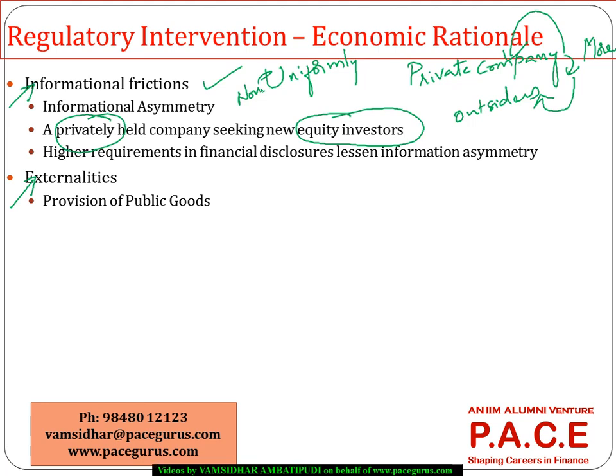And the importance of the regulation is that wherever information asymmetry is there, there could be a possibility of unfair treatment of the individuals who are participating in it, and regulations are more targeted towards removing this kind of unfair or inequitable distribution of information across the various participants. That is one scenario where the regulations become very important.